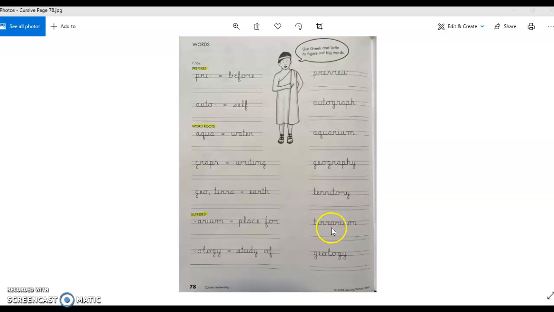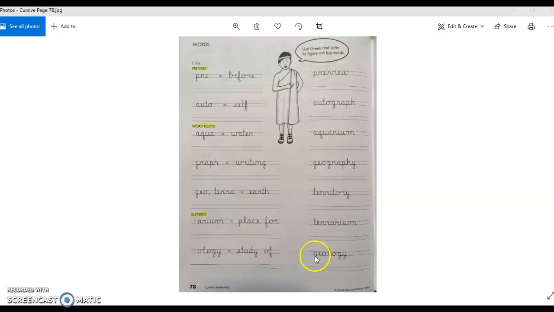Here we've got terra, again, land or earth. Arium, which is a place for. Terrarium would be a place that you have for living things that need a landscape to live in, like turtles or lizards. Terrarium.